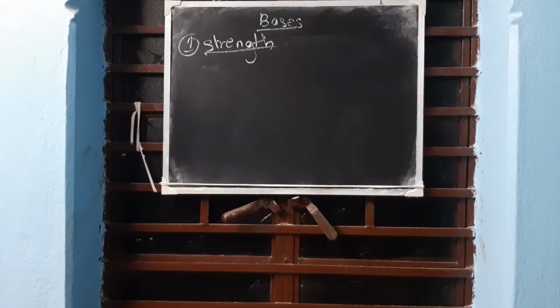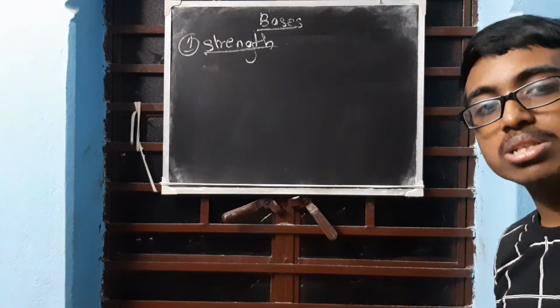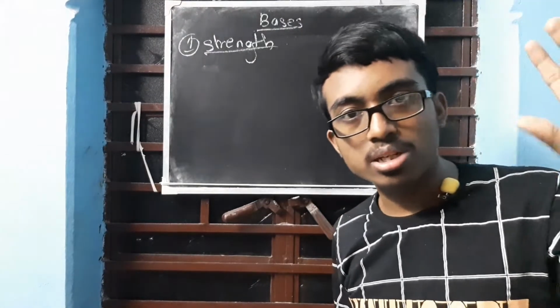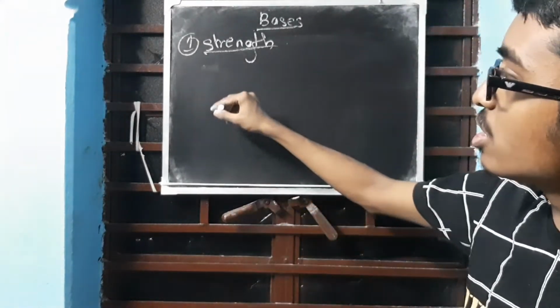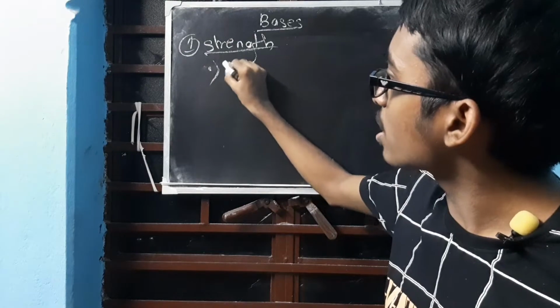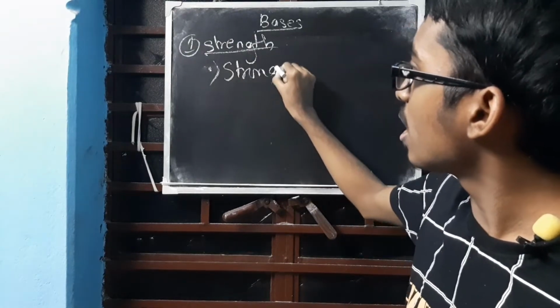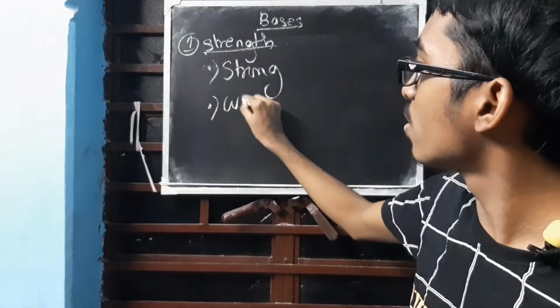The strength of a base. The strength of an acid, I also told in the last video, is how many H3O+ ions it will produce. That is the degree of dissociation, right? Based on strength, we classify into strong and weak.